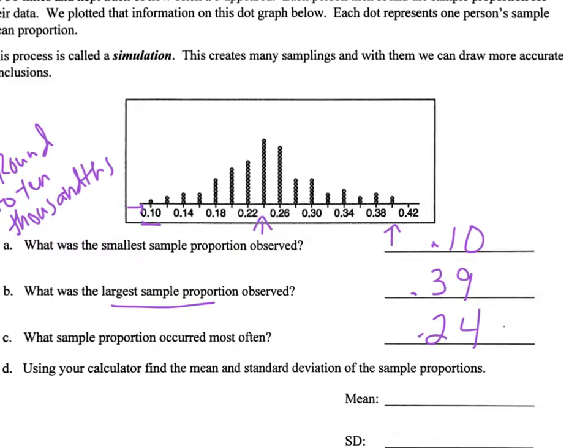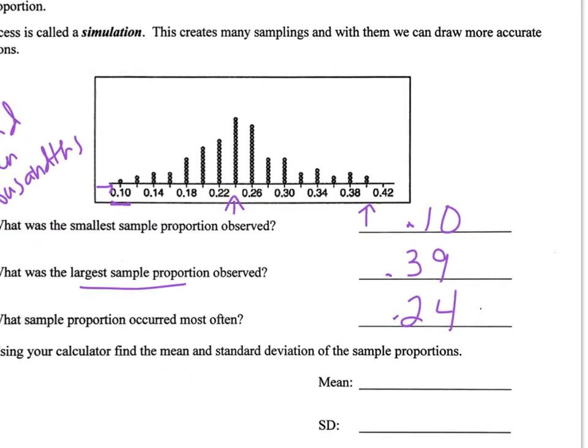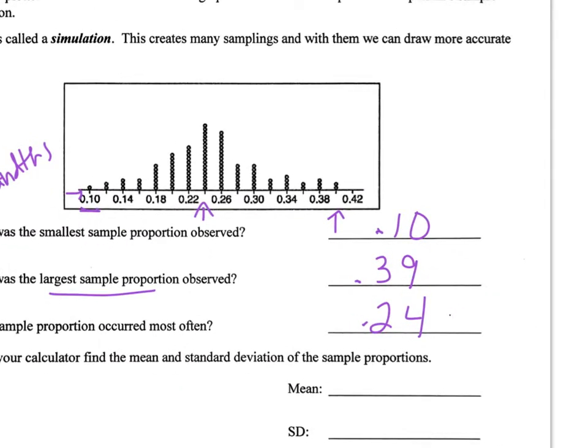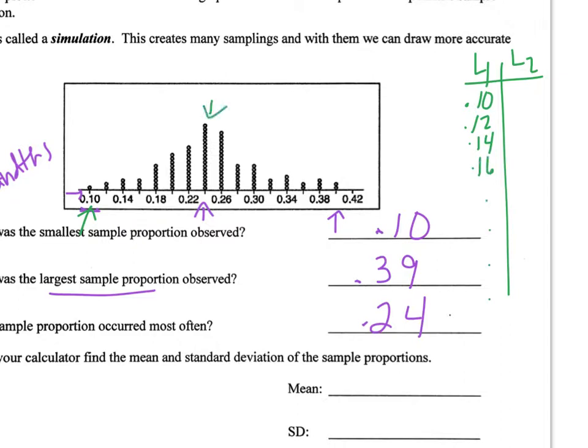Now, if you had to do this yourself, I realize I have wishful thinking to think that you would do this right now. But the idea is you would have an L1, L2. This is one variable statistics, kind of a review of that. All of these values at the bottom would be in L1, so 0.11, 0.10, 0.12, 0.14, 0.16, etc. And these little dots here, that's how many times they occurred.